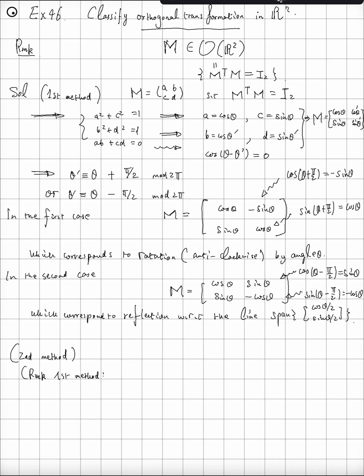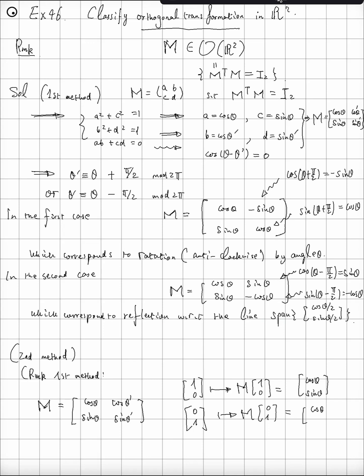It was a totally algebraic discussion, but actually what you're doing is notice that if your M is cosine theta, sine theta; cosine theta prime, sine theta prime, then as a linear transformation it corresponds to mapping E1 to M times E1, which is exactly cosine theta, sine theta, and mapping 0, 1 to correspondingly cosine theta prime, sine theta prime.